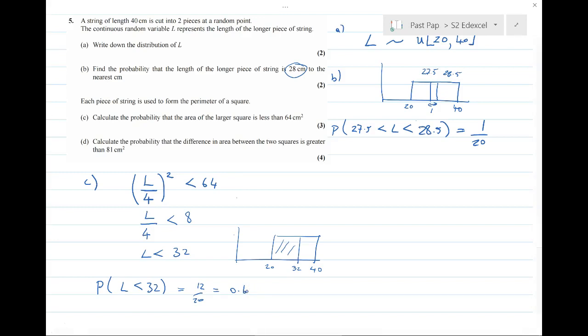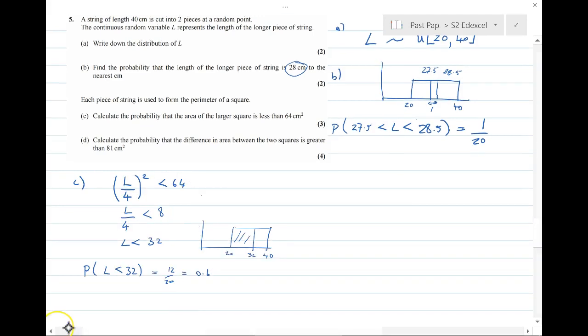Right, slightly more involved for part D, but shouldn't pose too much of a problem. Part D talks about the difference between the two squares, the smaller one and the larger one. Well, the largest square has area (L over 4) squared. The smaller one is cut from a 40 centimetre string, so the perimeter of the smaller one will be 40 minus L, and that's divided by 4.